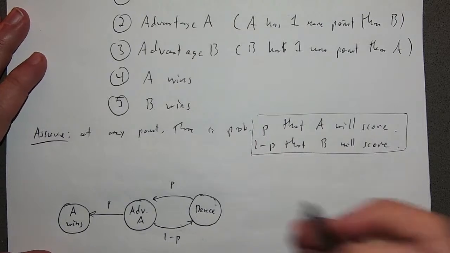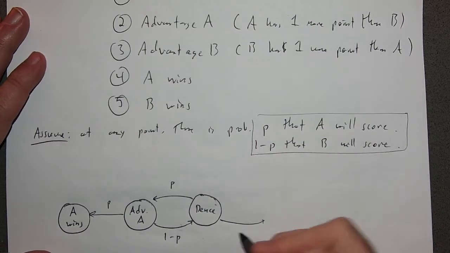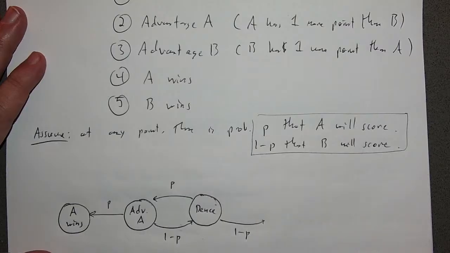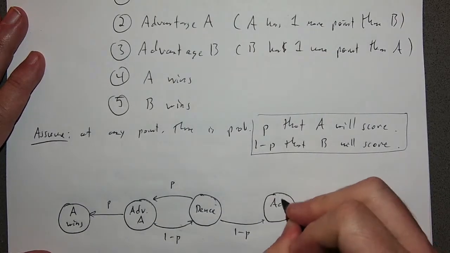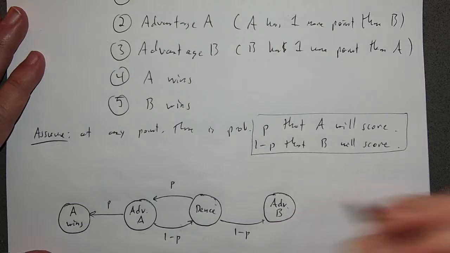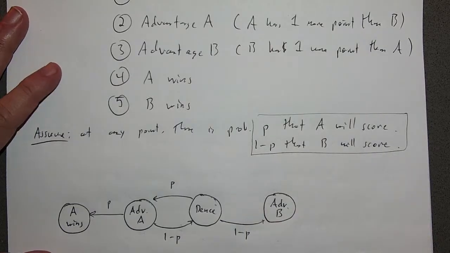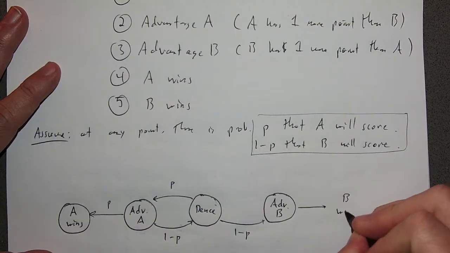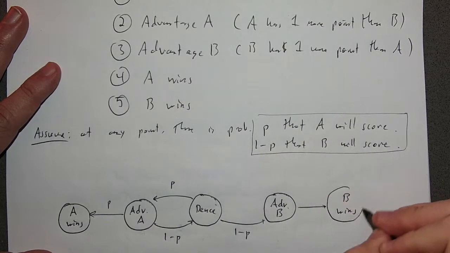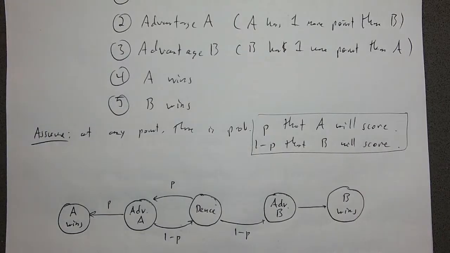From deuce, if B scores, that's probability 1 minus p, that takes us to advantage B. Now from here, if B scores again, this takes us to B winning, which ends the game.